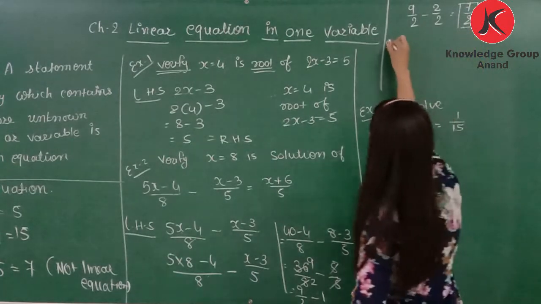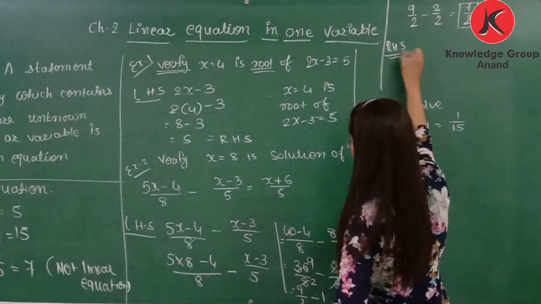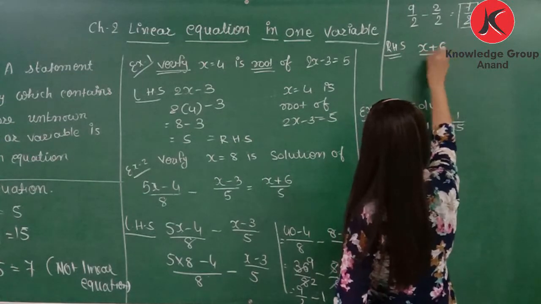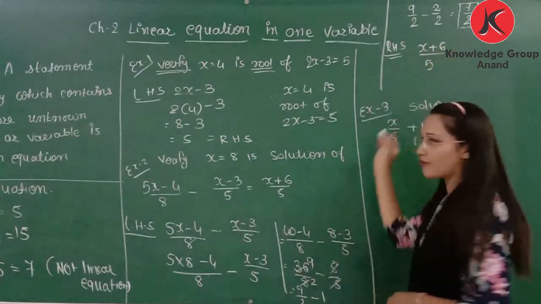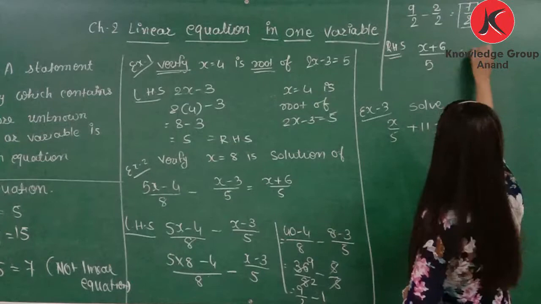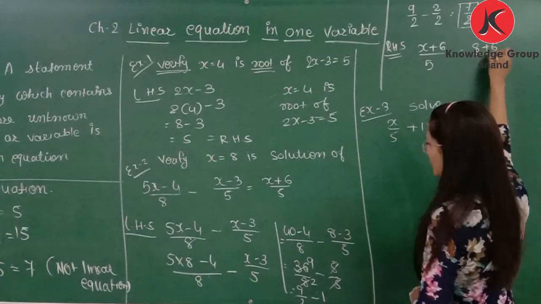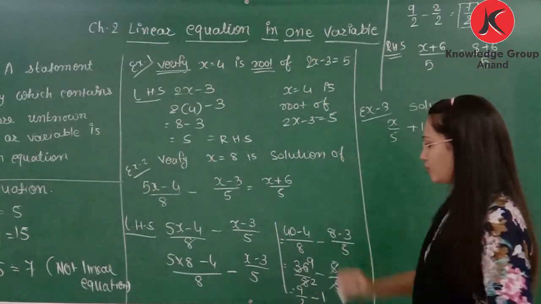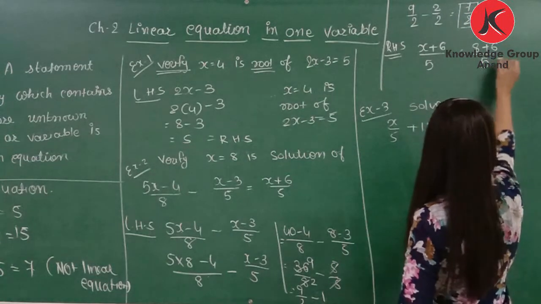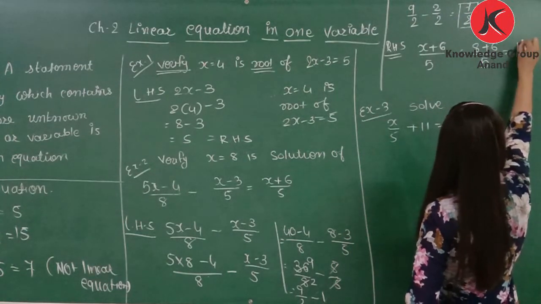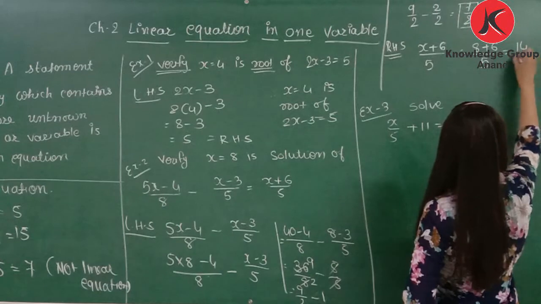Now check the right hand side. Our right hand side is x plus 6 divided by 5. Now instead of x you need to write 8. So let's write 8 plus 6 divided by 5. So here we will get 14 by 5.